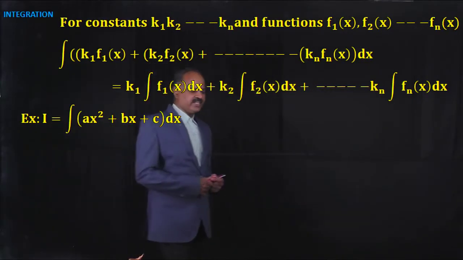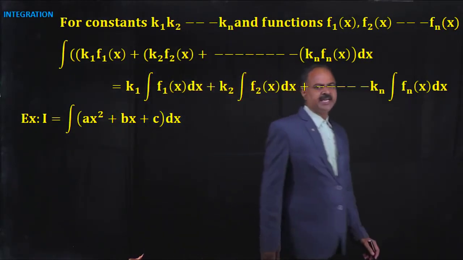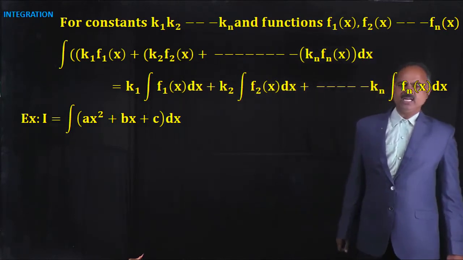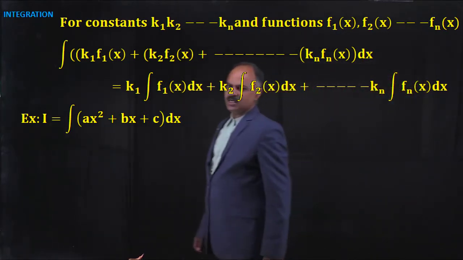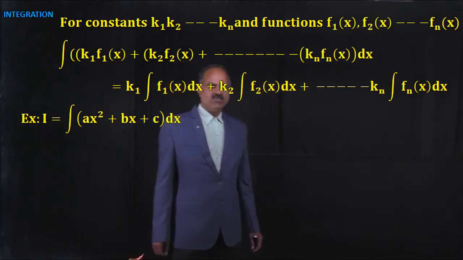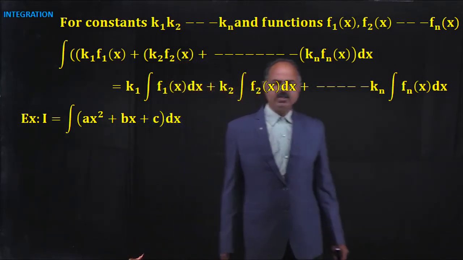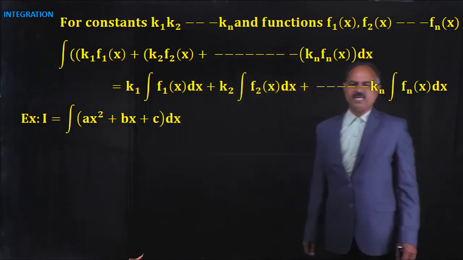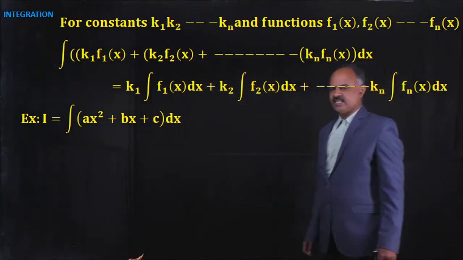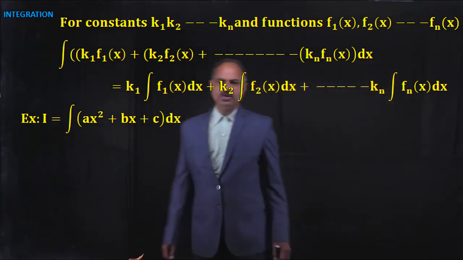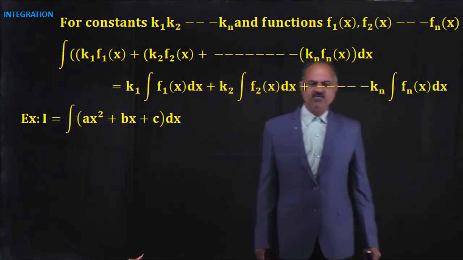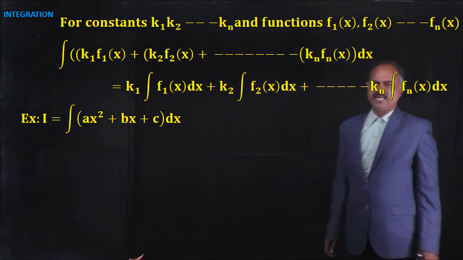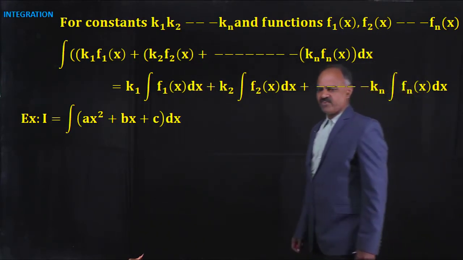Next, for the constants k1, k2 and so on kn, and the functions f1x, f2x and so on fnx, integral of k1 into f1x plus k2 into f2x and so on plus kn into fnx dx equal to k1 into integral f1x dx plus k2 into integral f2x dx and so on plus kn into integral fnx dx.